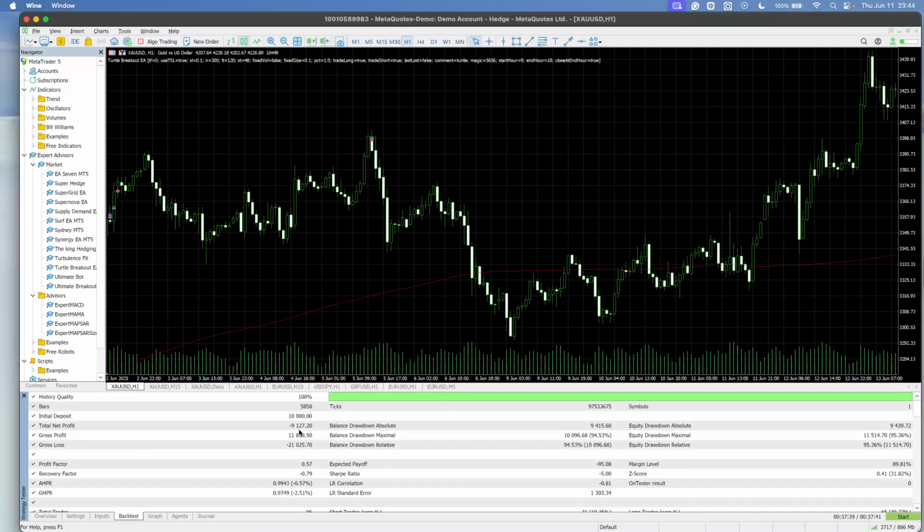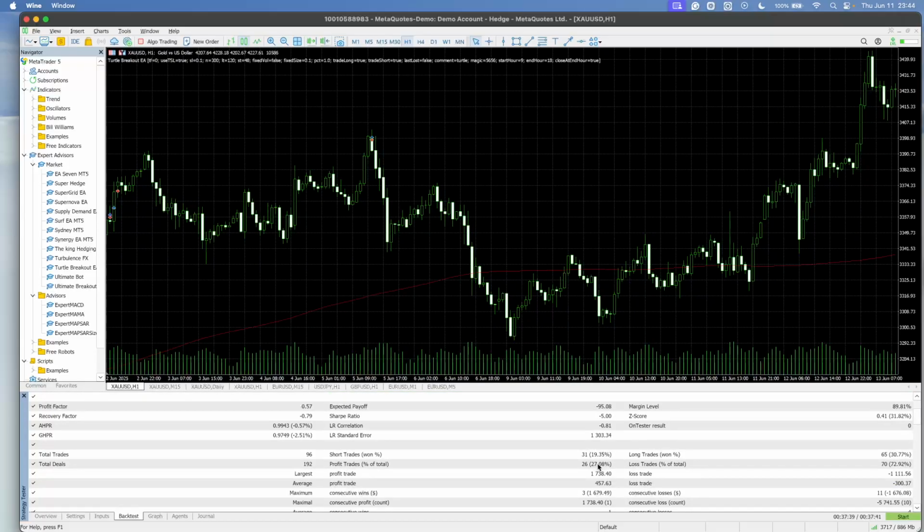Basically, the account is almost gone, and we had a profit factor of 0.57, very poor. Then we have the max equity drawdown, a brutal 95%, and balance drawdown 94%. Basically the same thing. Win rate was about 27%, with only 96 trades taken for the year.